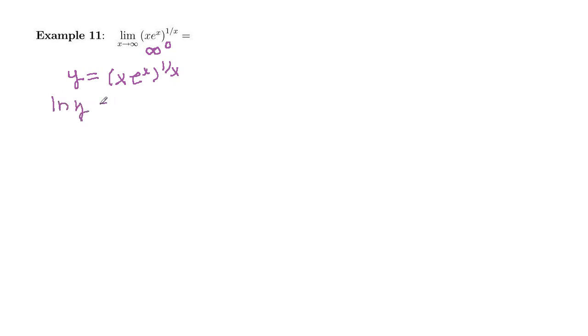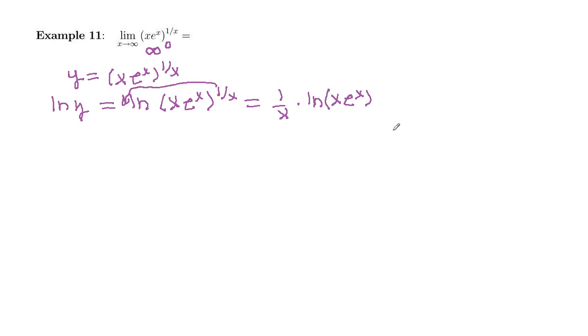So ln y will equal ln of (x e^x) to the 1 over x power, and now inside exponents factor down, so that's going to be 1 over x times natural log of x e^x, and you could write that as natural log of x e^x over x.